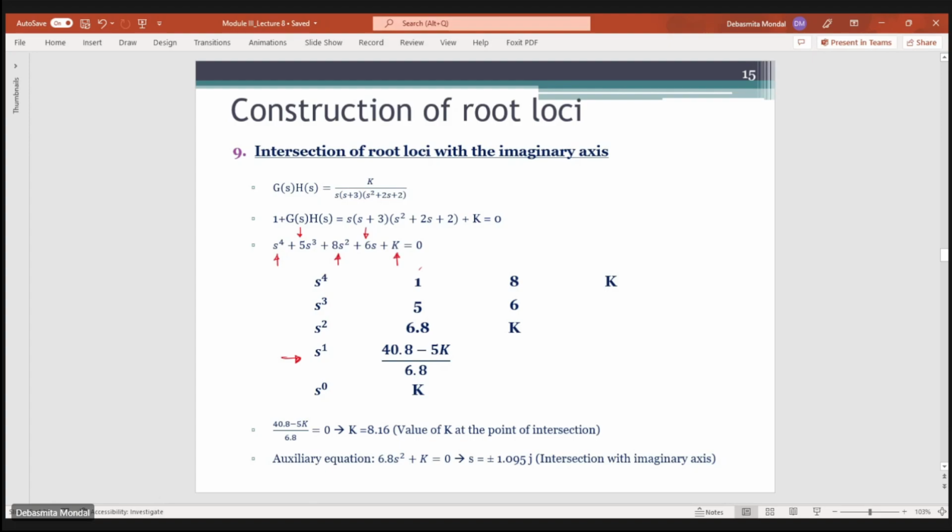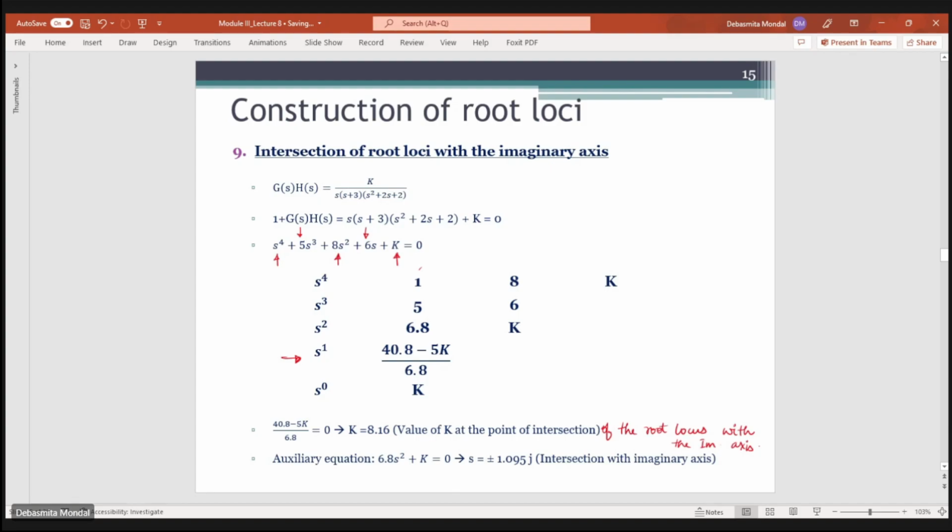So this is the value of k at the point of intersection of the root locus with the imaginary axis.